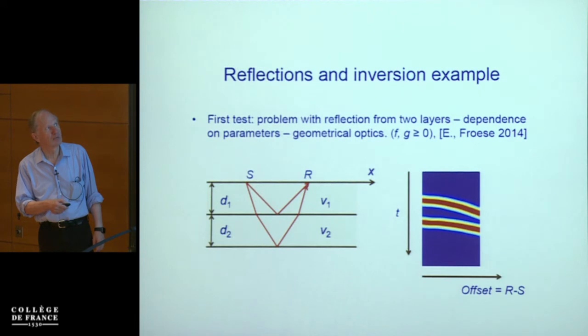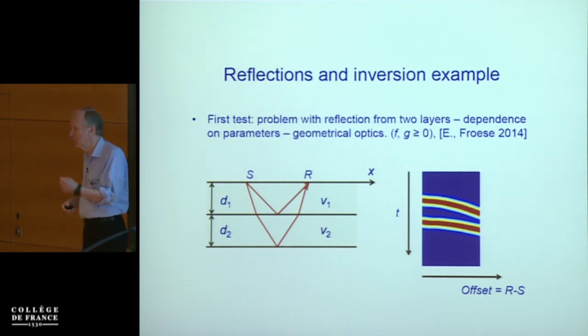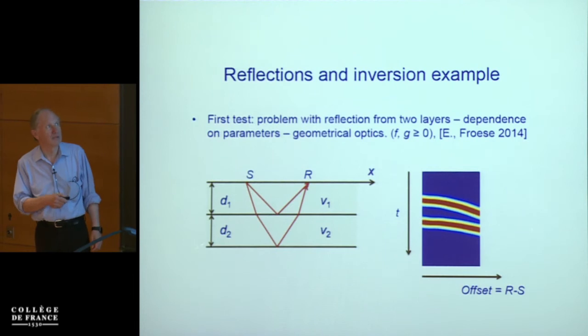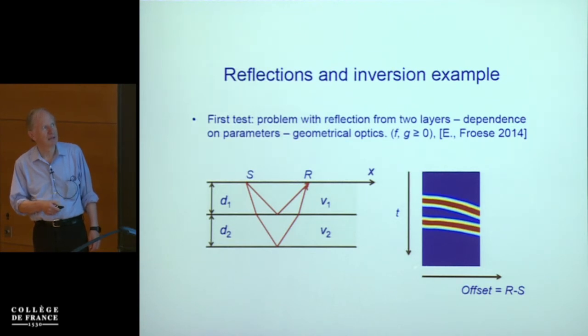So the first case here would be that without a wave solver, you just use ray tracing, and you could have positive measures to do that. So you typically get a picture like this where you do many time traces. Here the offset would be the difference between the source and the receiver, and of course the time goes down like this.